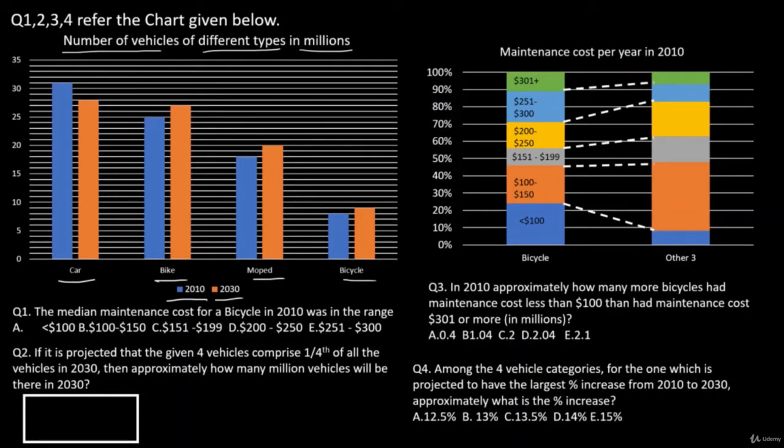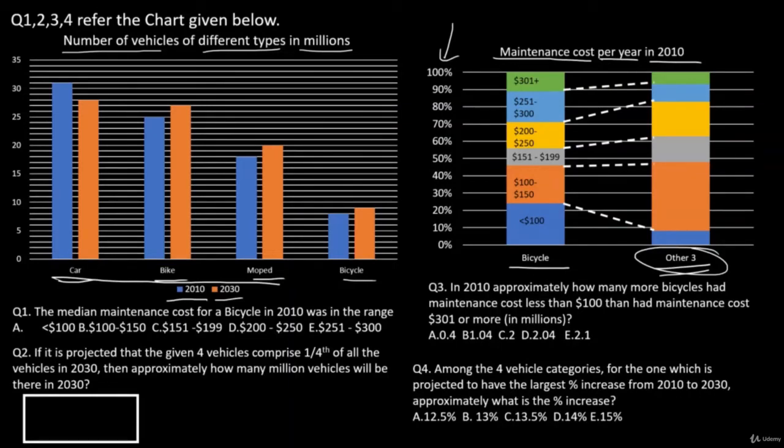Now over here we have a stacked bar graph and it is in percentages, and it talks about the maintenance cost per year in 2010. And over here we have bicycles and we have the other three. So bicycles is one category and these three are clubbed together. We have 4 questions over here. Pause the video, give it a try, and then let's do it together.